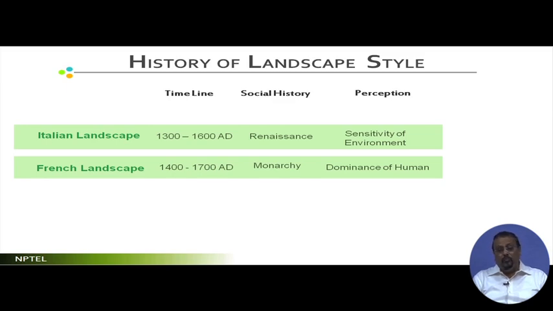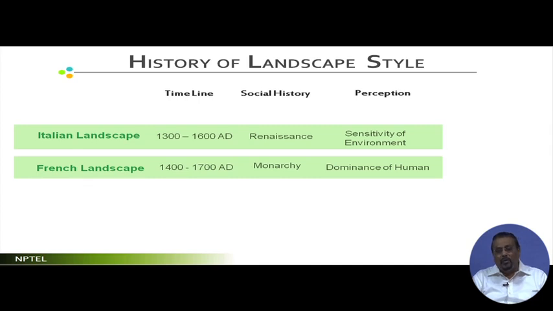Historians say, by analyzing the records, periods, styles, elements, patterns, and materials, that French landscape has to a good extent emulated what Italian landscape style was offering.